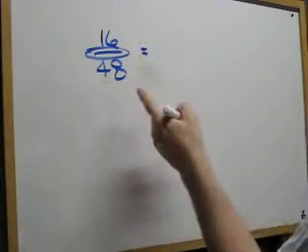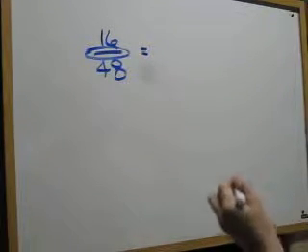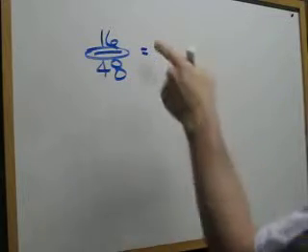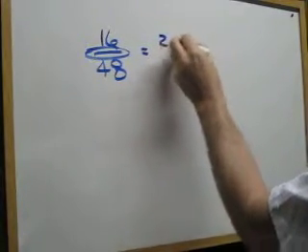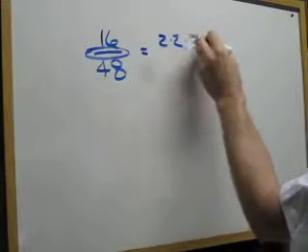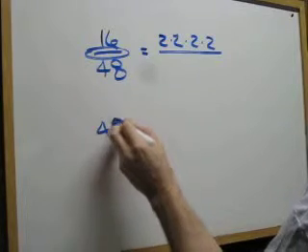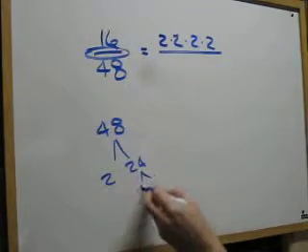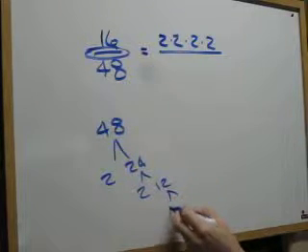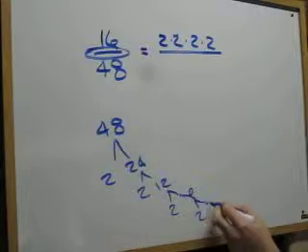So 16 to 48, you do your product of primes, your factor tree thing, and you find out that 16 and 48 reduce to, well, let's just do it. 2 times 2 times 2 times 2 is our 16, and our 48 factor tree reduces to 2, 24, 2, 12, 2, 6, 2, 3.